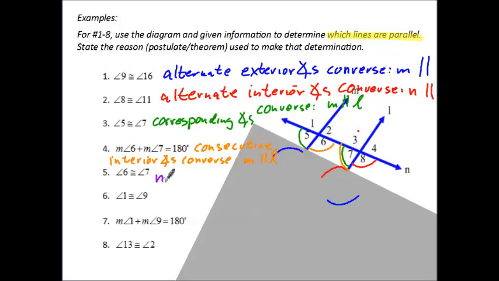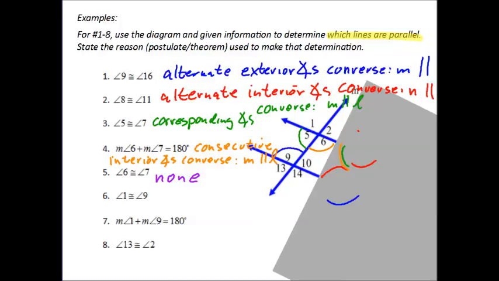So there is no postulate or theorem that tells us anything about whether the lines are parallel or not. Just very important to keep that separate. With the information of number 5 alone, we cannot find out anything at all. It was information in number 4 that told us that M and L are parallel lines.